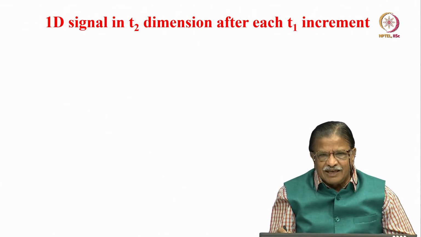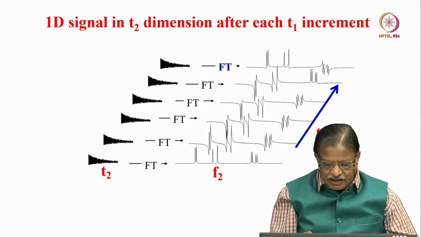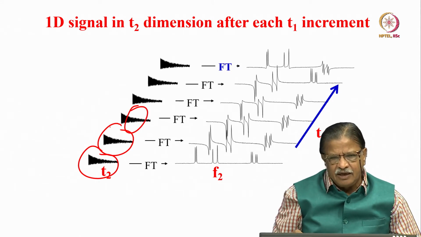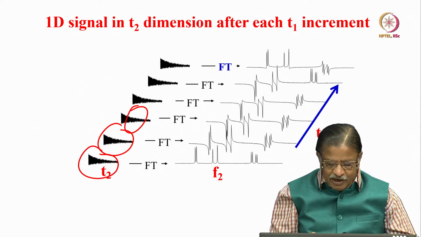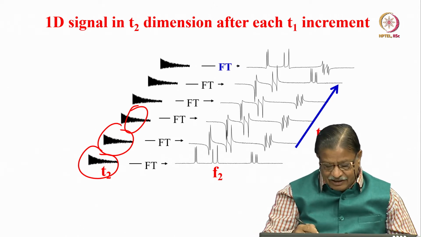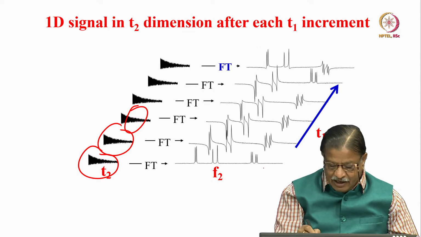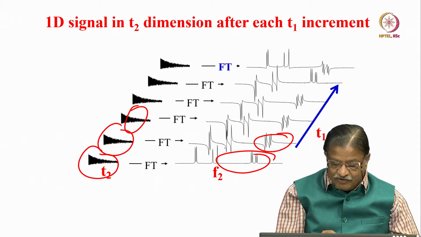So now the 1D signal in the T2 dimension after each T1 looks like this. This is the 1D FID for each T1 in the T2 period. Now in the T1 period, as I keep on collecting the signal, let us say I do the Fourier transformation in each T1 period. I get a spectrum for one delay and a spectrum for another delay.